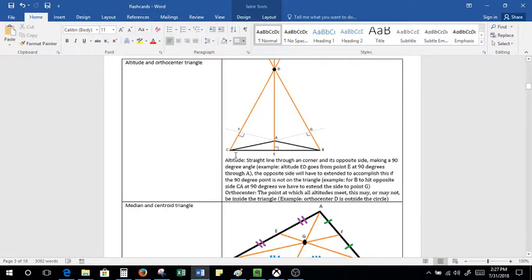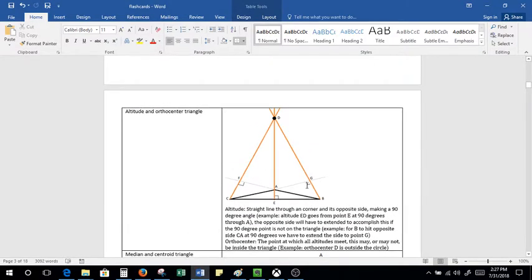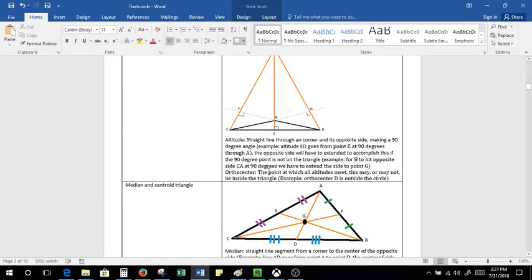So again, we just extend the line through. And I chose this triangle specifically to drive this point home. The orthocenter, where all the altitudes meet, does not need to be inside the triangle. It can be outside of it. So just know that that is a possibility.